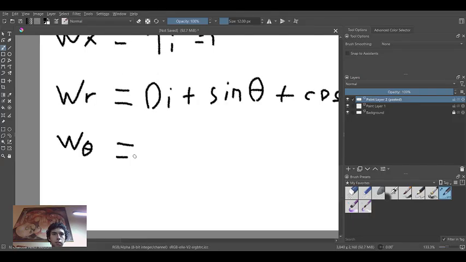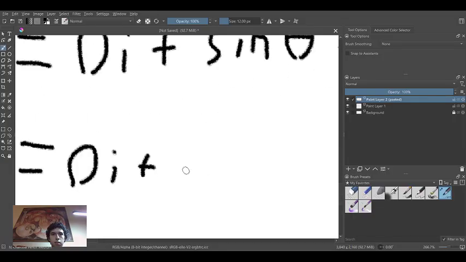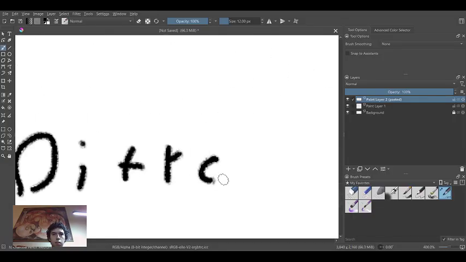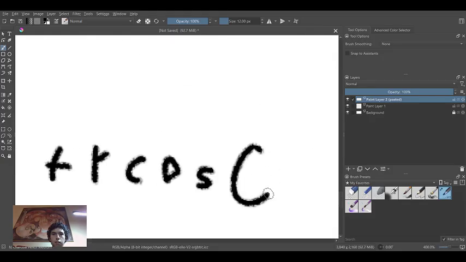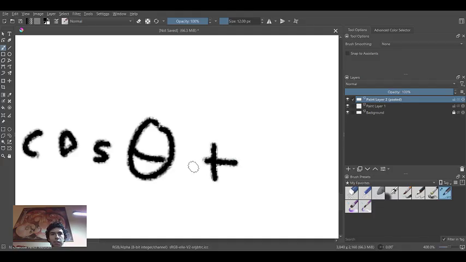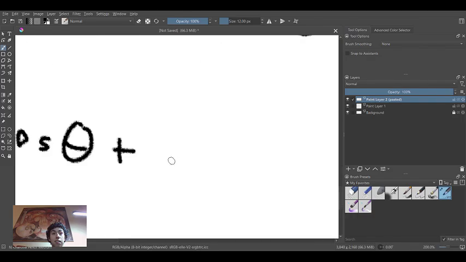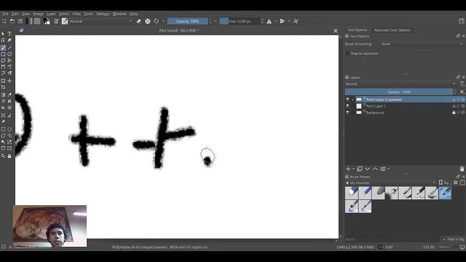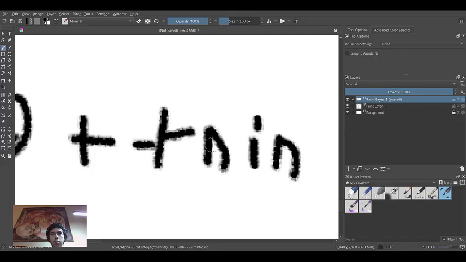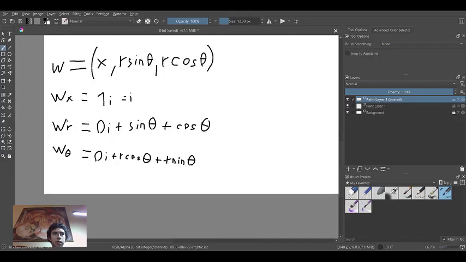And for theta, it's going to be 0i plus r cosine of theta, plus minus r sine, because it's a derivative of theta. That's it. That's our three things.